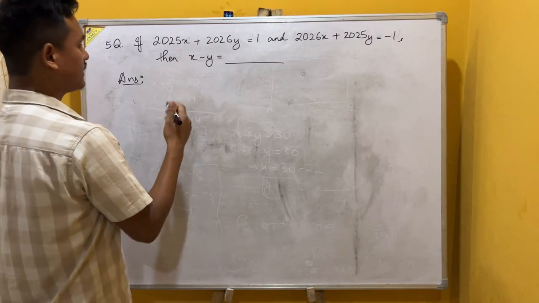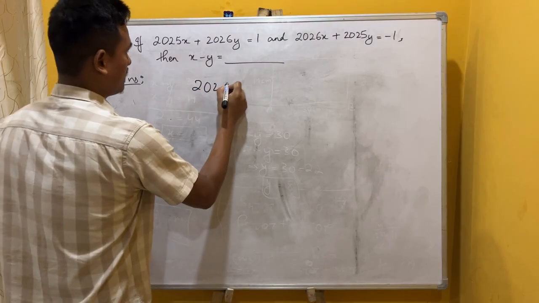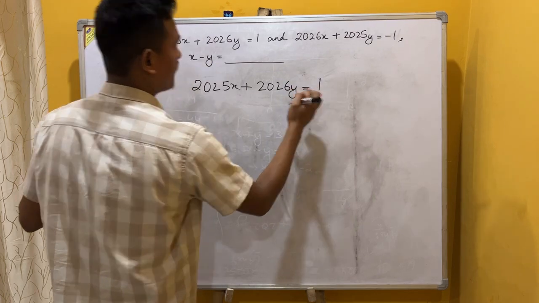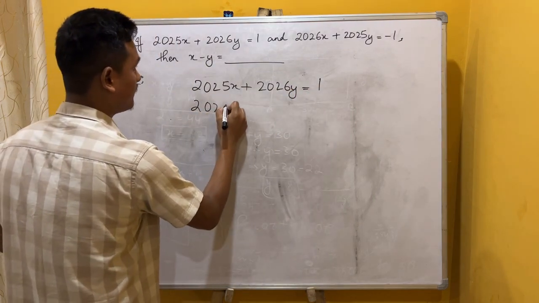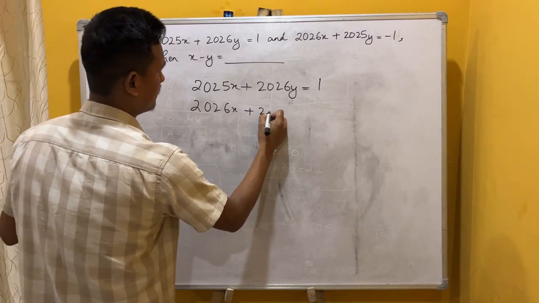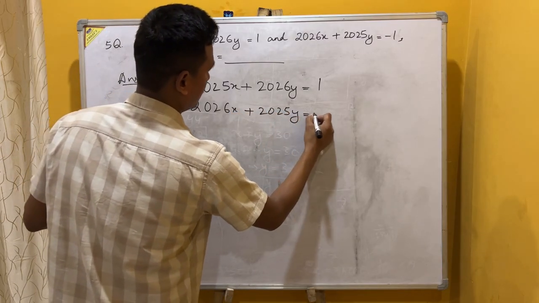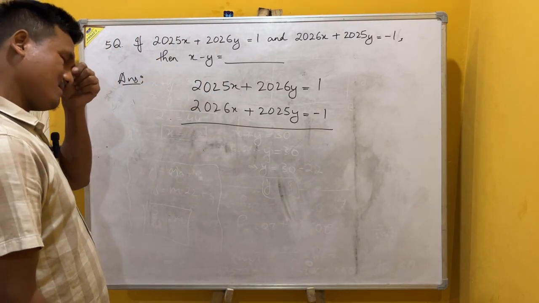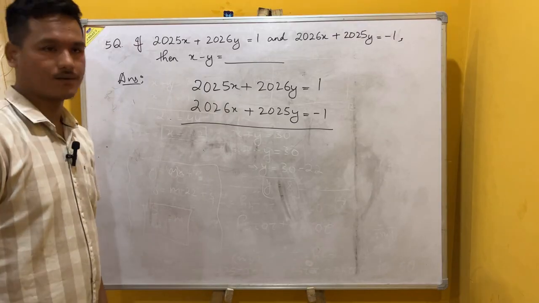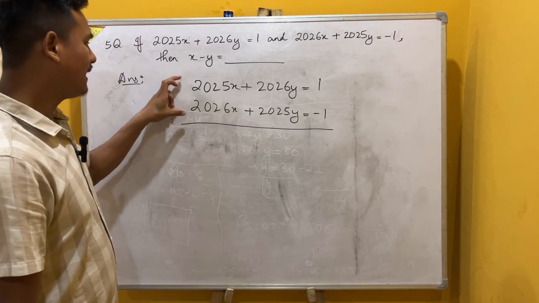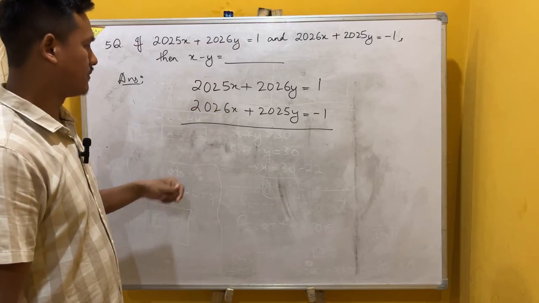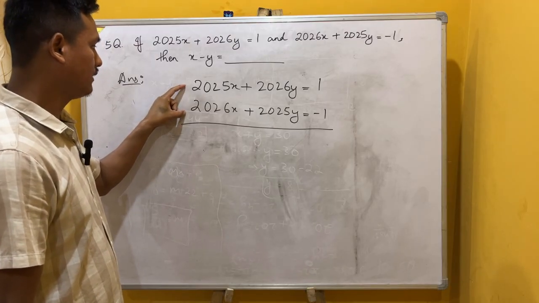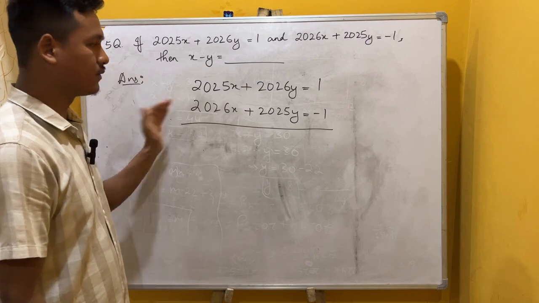So what do we do here is we solve it in this manner. If I directly add them, this is going to be 4051, which I don't require.